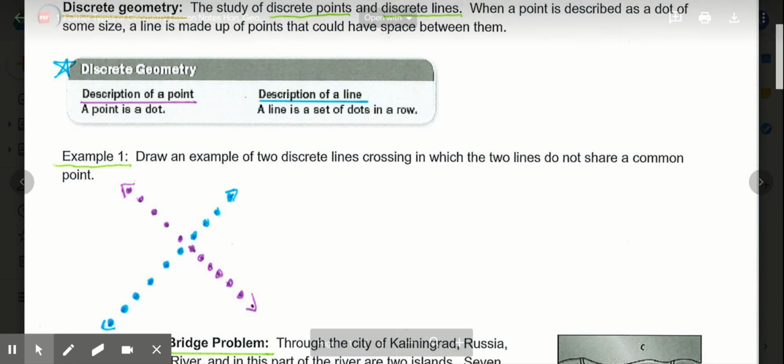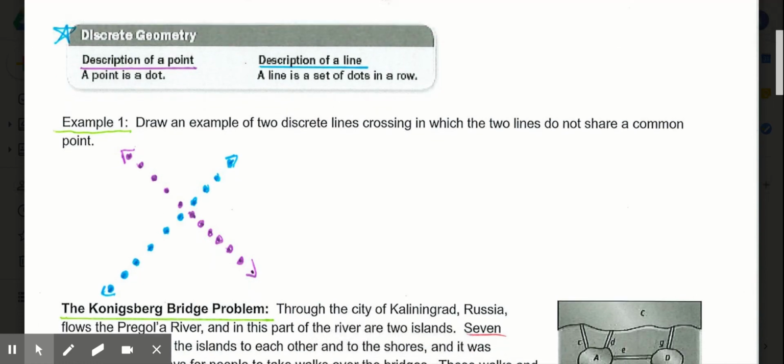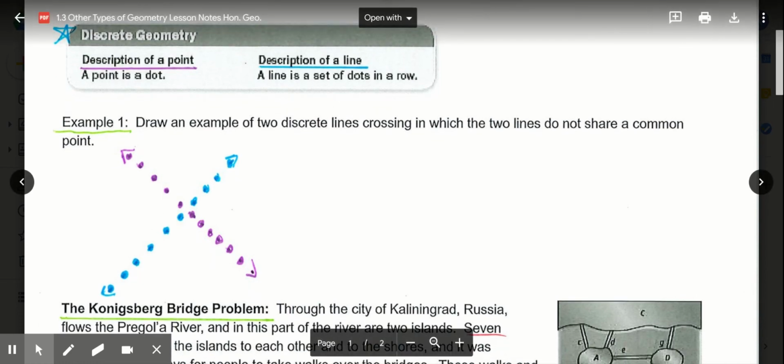So I drew it with a blue and purple line here, and they're just a set of dots in a row. Some size, so make them consistent in size as much as you can, and some space in between them. Again, you can kind of decide.